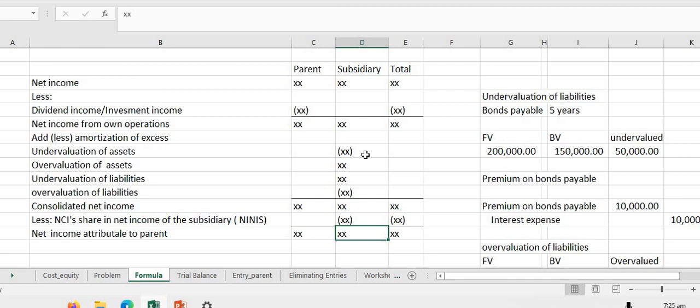Yan, yung diniduct na yung share ni non-controlling interest. So, therefore, our consolidated net income attributable to parent is actually the parent's adjusted net income and the parent share in adjusted net income of the subsidiary. Okay?